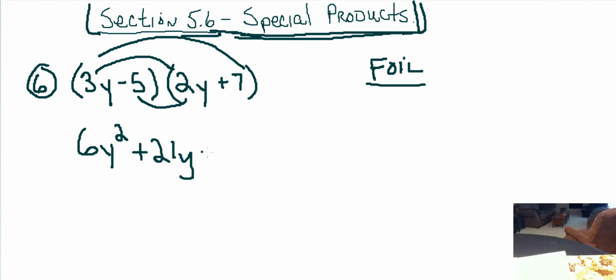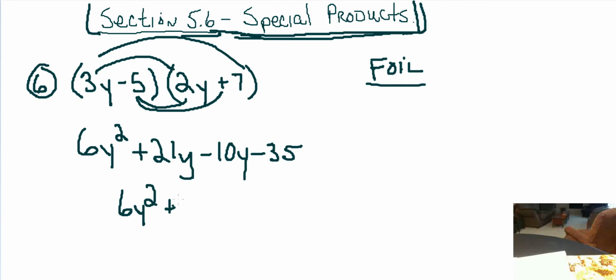Inside is negative 10y. And last will be negative 5 times 7, which is negative 35. Combine our middle terms, we end up with 6y squared plus 11y minus the 35. And that's it.